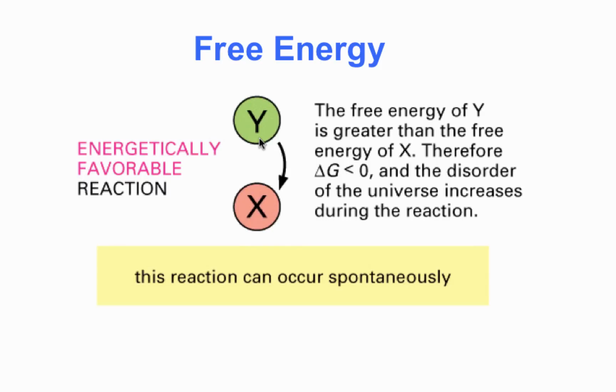Because the energy is released from the system, that is going to increase the disorder around the environment, which helps drive the reaction forward. So in a spontaneous reaction, you're going to have a negative delta G and an increase in disorder.